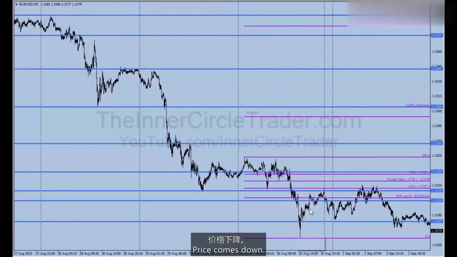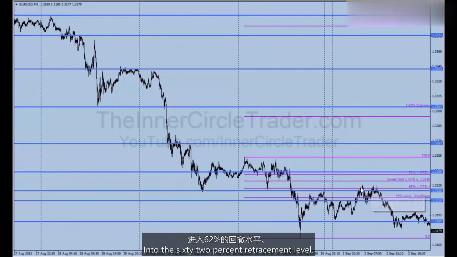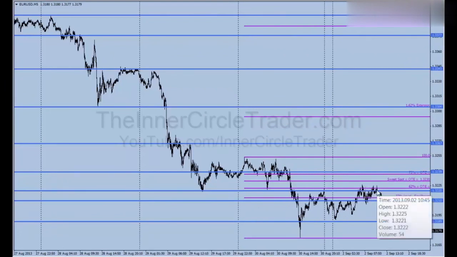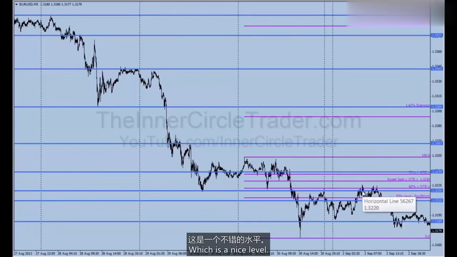Price comes down, rallies up into the 62% retracement level here, and it's confirmed by this same 132.20 level, which is a nice level. It's a 132.20 institutional level. We like to watch the 20 levels, and an old low. On this candle here, that is 10:40 GMT, and then we have 9:45 GMT, and we have 7 GMT.